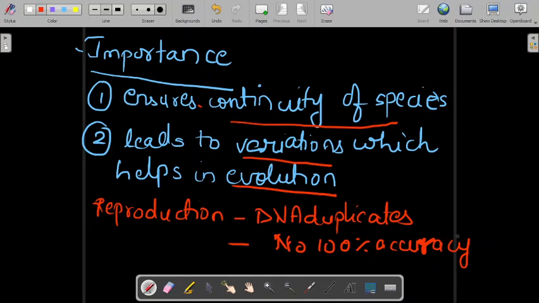Lastly, why is this variation required? Variation is required because it helps in evolution, right? If I talk about me and my son, there are some technical devices which I may not be able to use, whereas my son or my daughter will be able to use, because they are an advanced generation.